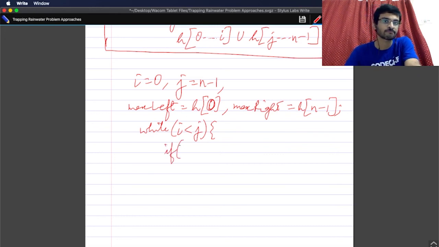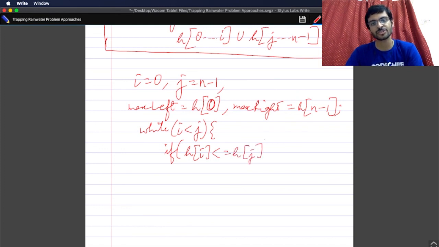While this is so, if hi is less than equal to hj, that means we'll be changing i. But before we change, suppose we again have sum equal to 0.